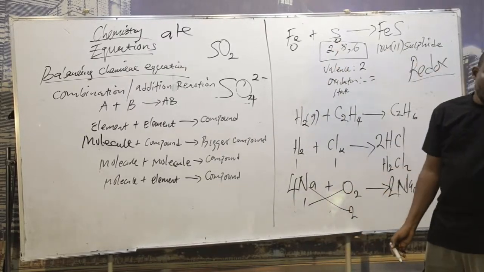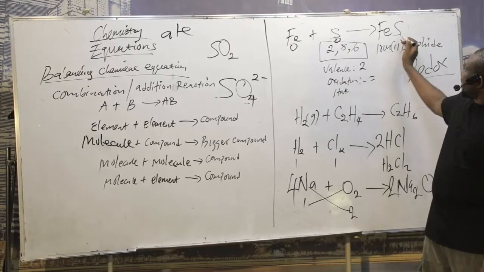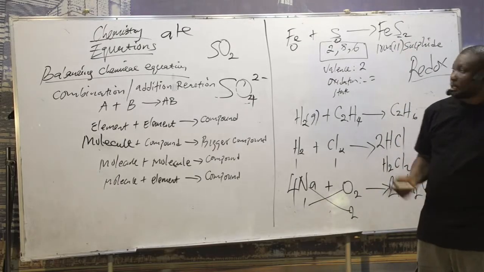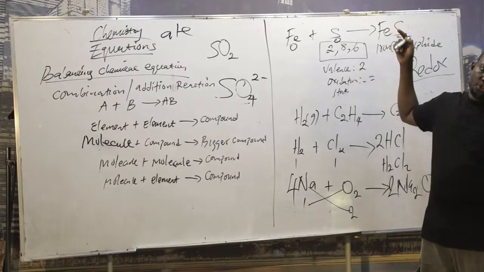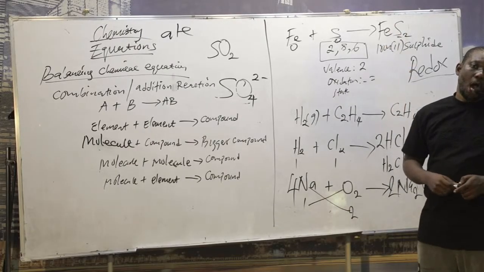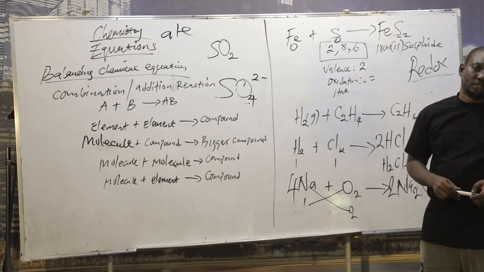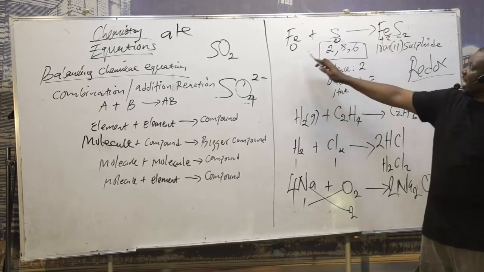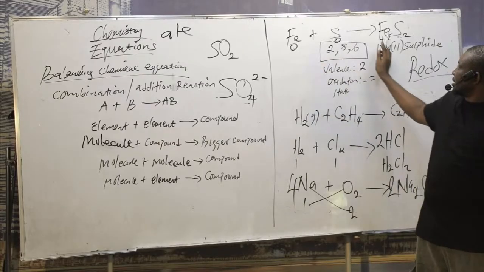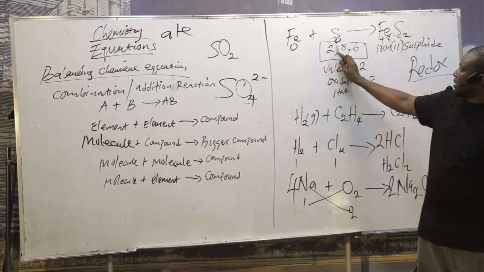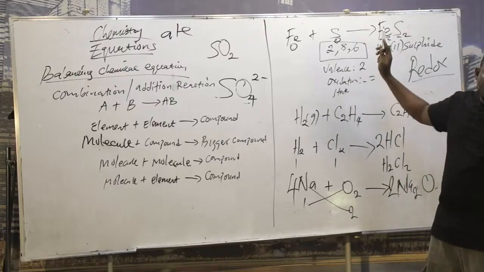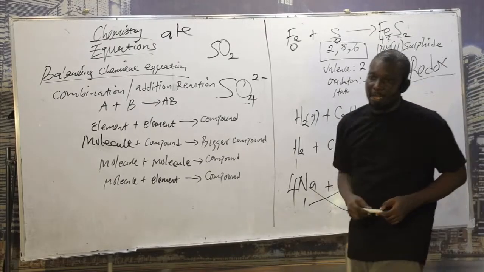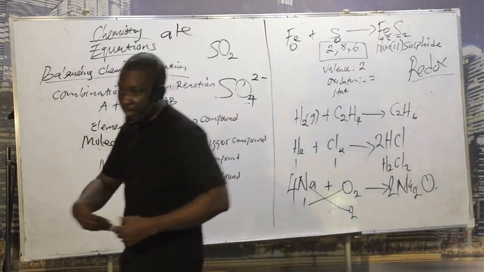Are you with me? Sulfur here has become -2. Then iron here, as the sum of oxidation numbers of all atoms in a compound must be 0, is +2. Have you seen that the iron here has increased to +2? Sulfur here has decreased to -2. So the reaction in which one species is oxidized and another is reduced is a redox reaction.